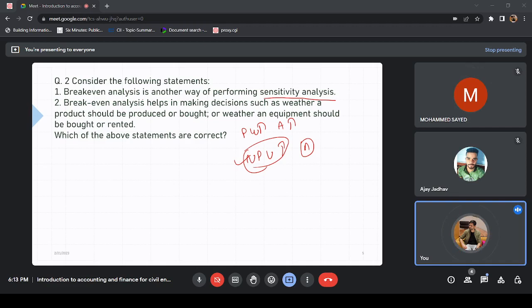So it is also a way of performing sensitivity analysis, but you can also think of it this way: in the last session we were just interested in what was the rate. If one value increases, does the other increase, remain the same, or decrease? In break-even analysis, we are quite interested in at what point our decision changes.